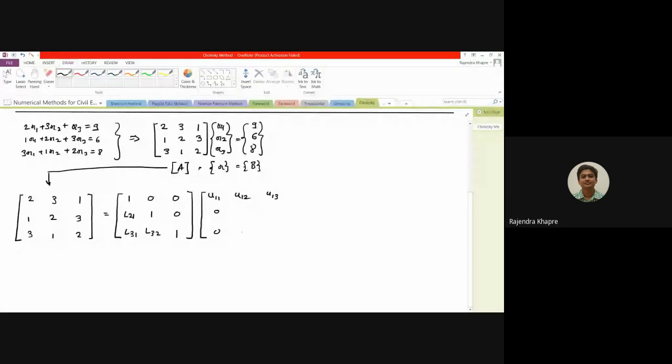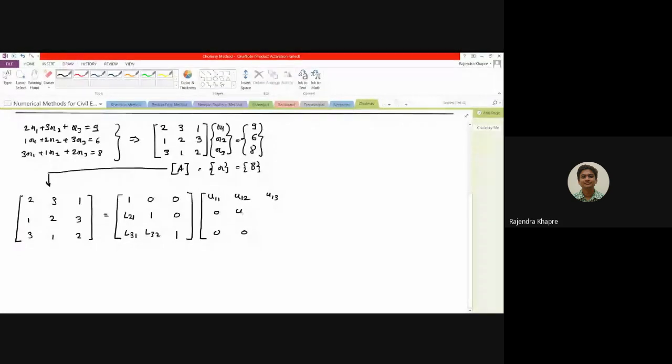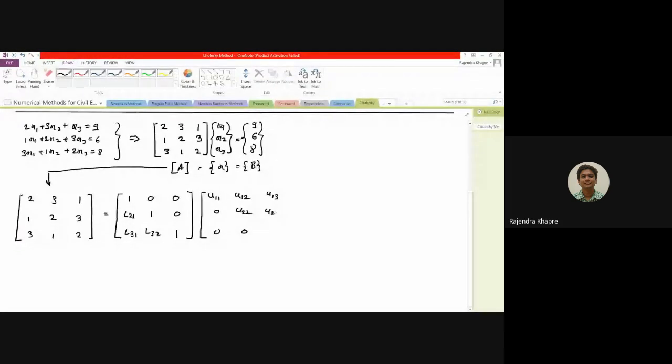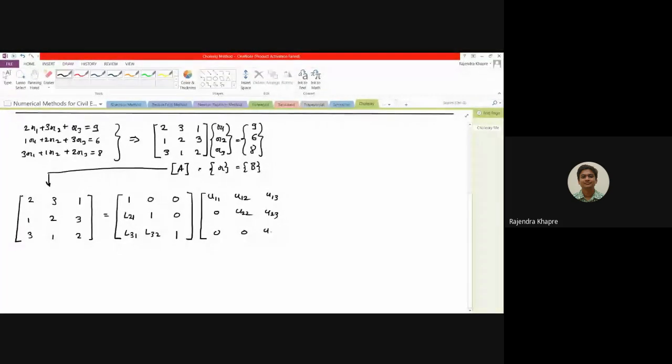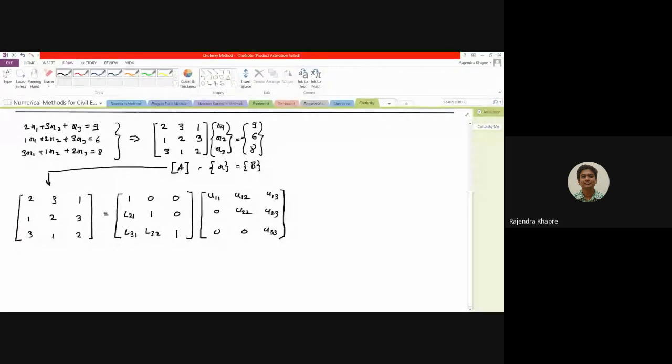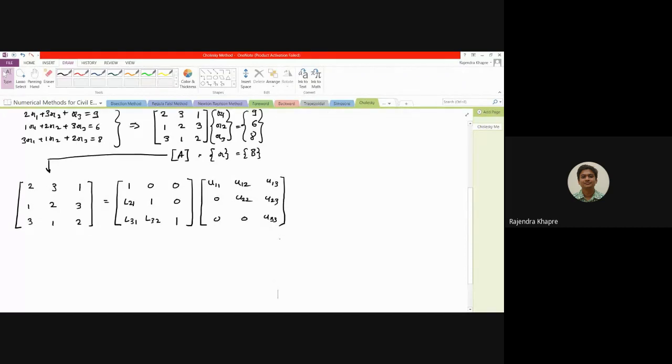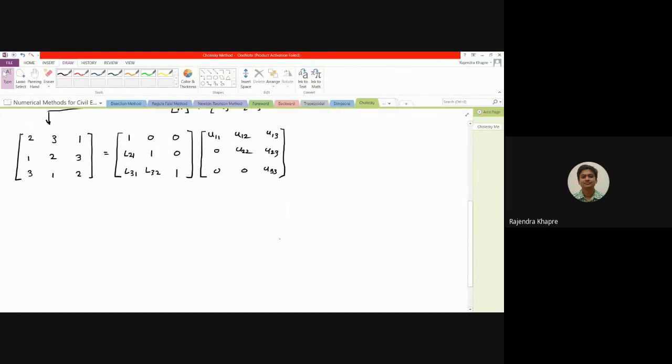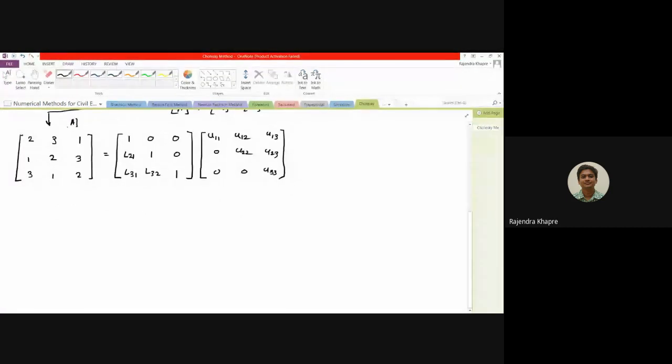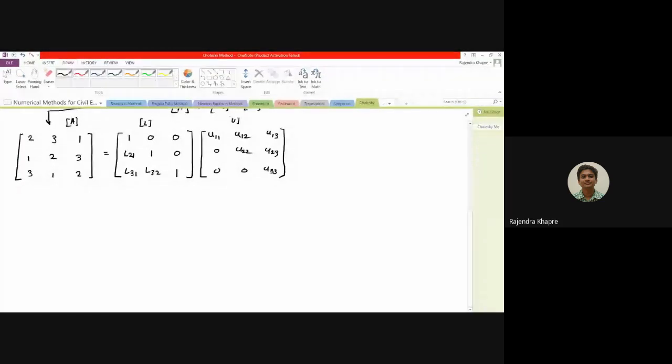This will be 0. This will be 0. This will be u22. This is u23, and this is u33. Correct? So now you have represented the given matrix such that this is your A matrix. Okay, this is your L matrix, and this is your U matrix.